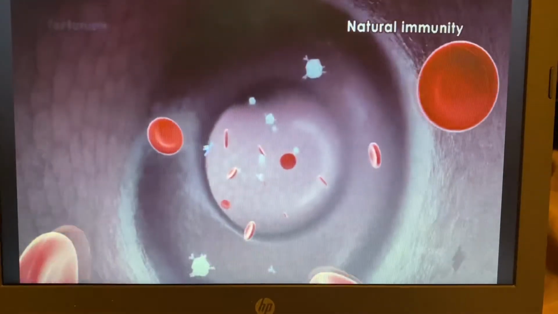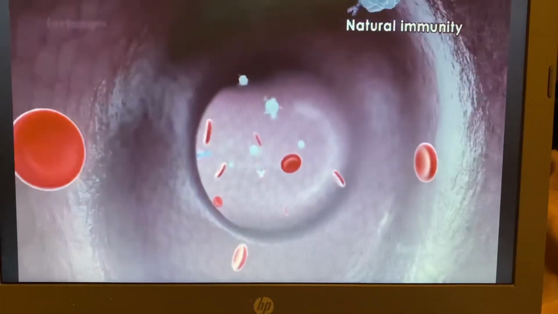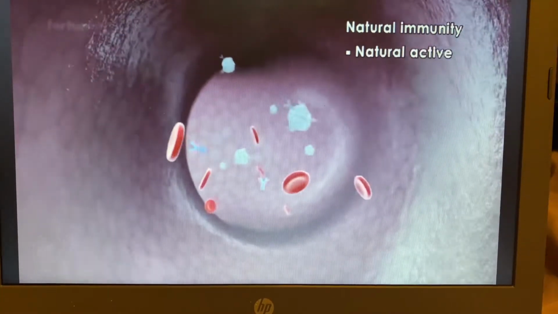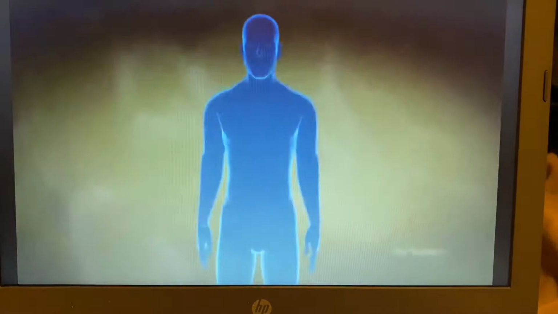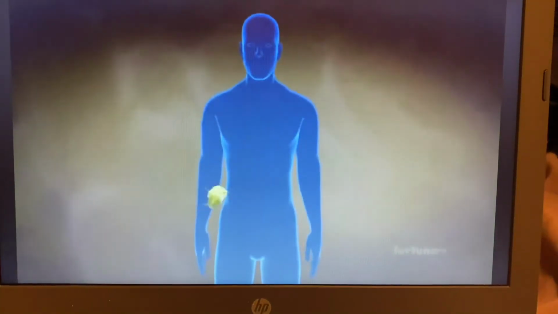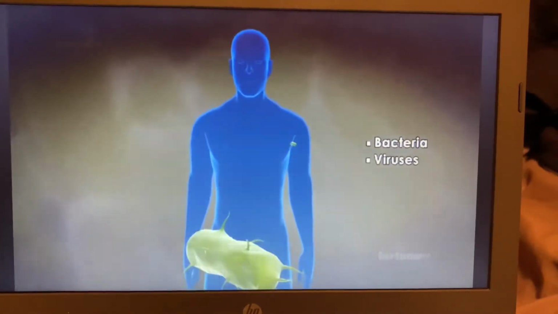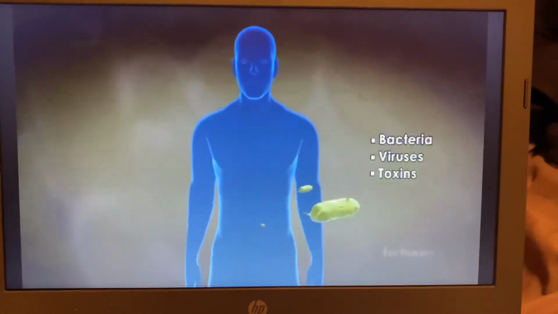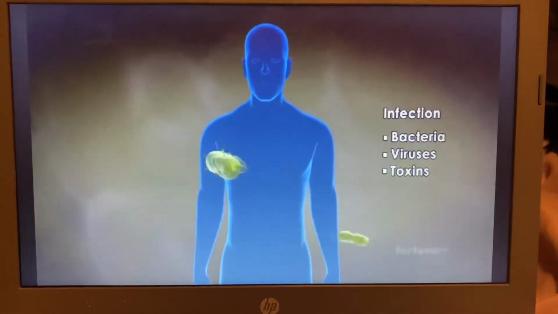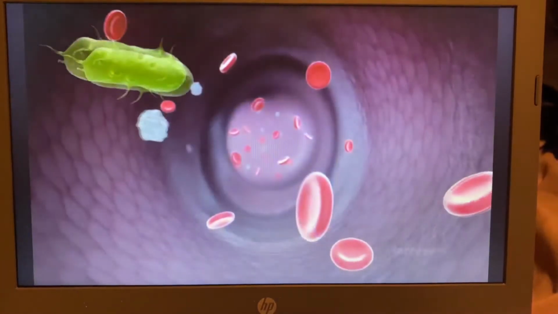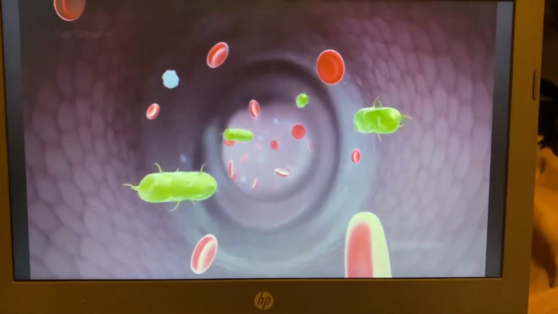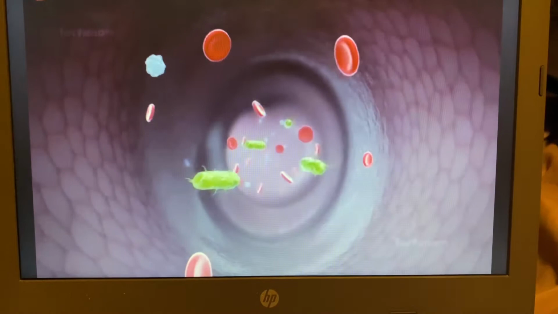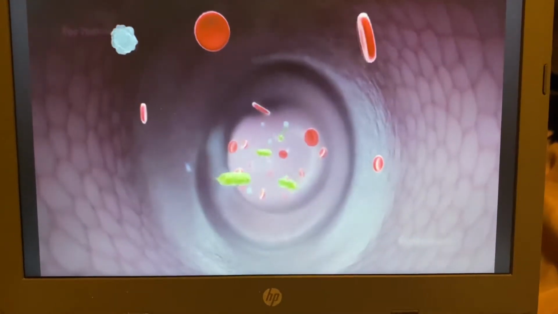Natural immunity can be one of two types, either natural active or natural passive. When pathogens such as bacteria, viruses, or toxins enter the body and cause an infection, they will activate a natural response that is referred to as natural active immunity.